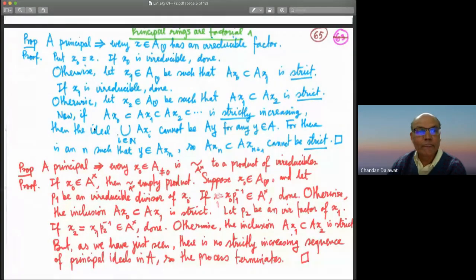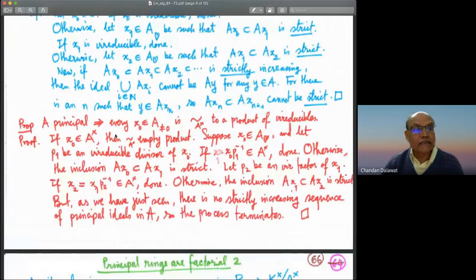That's a contradiction. We are assuming that there's a strictly increasing sequence of principal ideals, and the contradiction is that their union is also a principal ideal, and that will have to occur somewhere in the sequence, because any generator occurs somewhere in the sequence. Okay, so that shows that in a principal ring, every element in A heart has an irreducible factor.